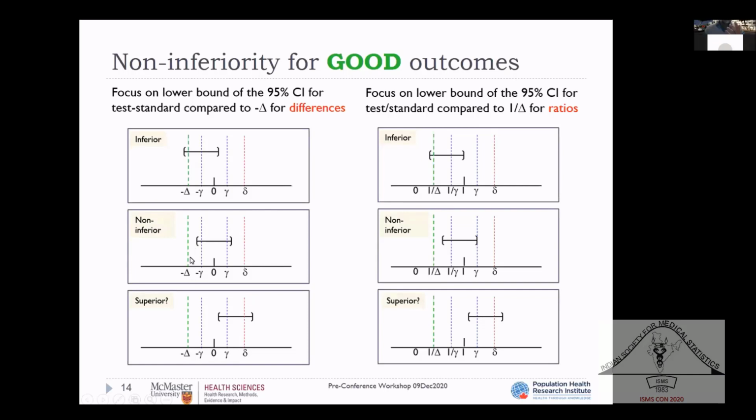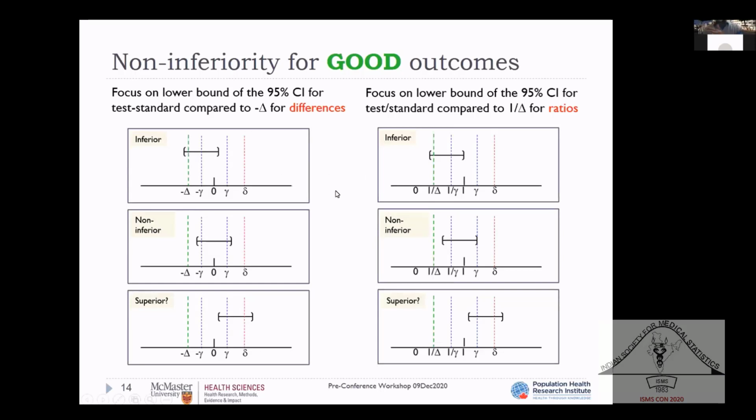But if you have your non-inferiority margin as minus delta here, and you've specified this, and the lower bound of the 95% confidence interval does not go beyond minus delta, then you say you're not inferior. If it went below that, you'd say it's inferior.